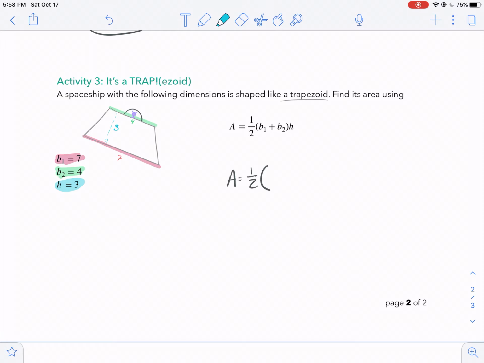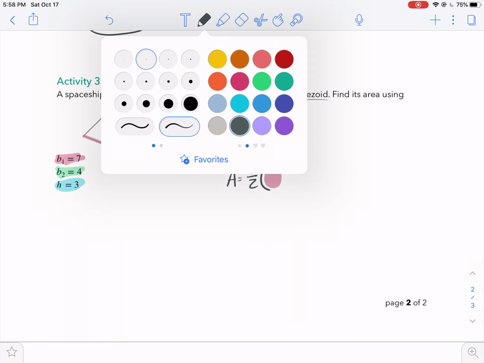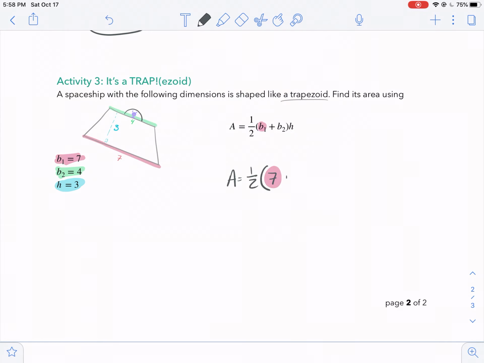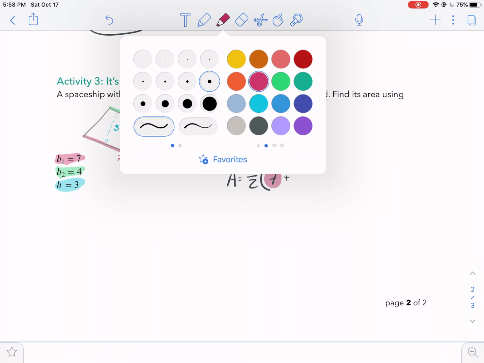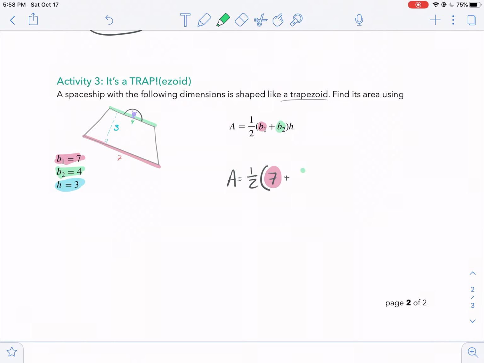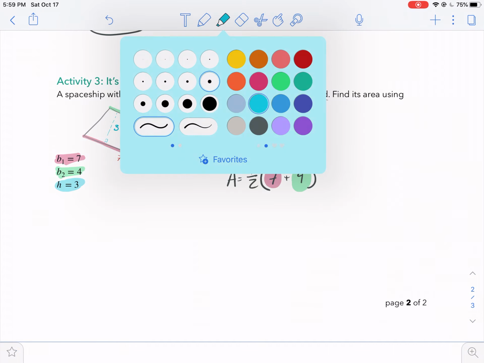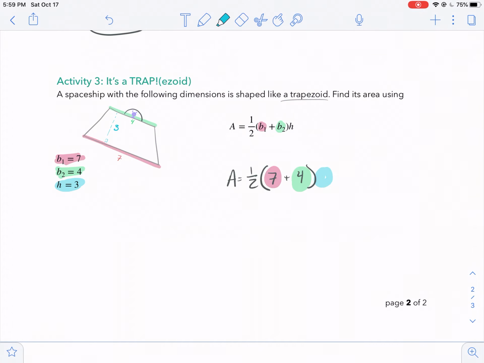Now his base 1 is 7, so wherever we have base 1, we write 7. Base 2 is 4, so wherever we have base 2, we write 4. And the height of his spaceship is 3, so wherever we have the height, we write 3.